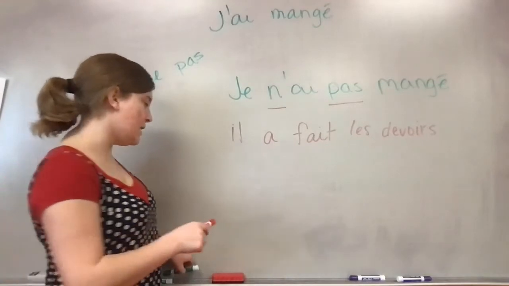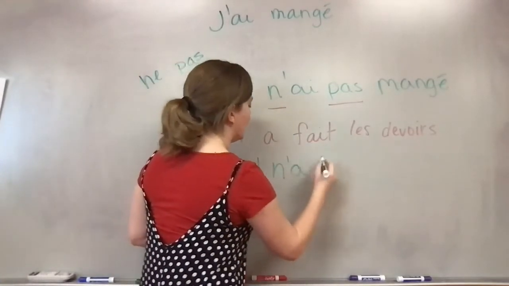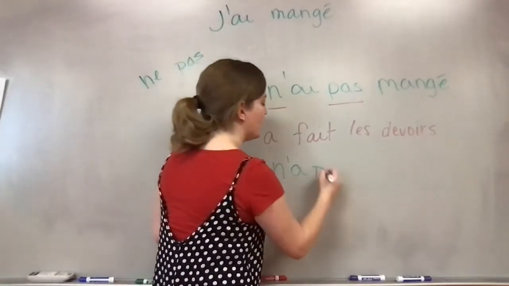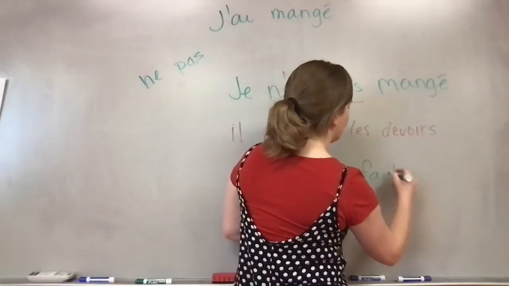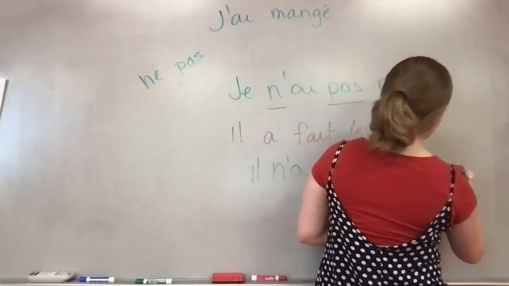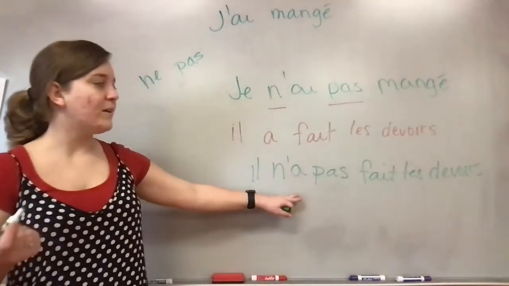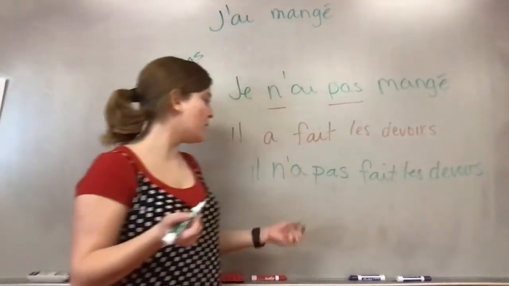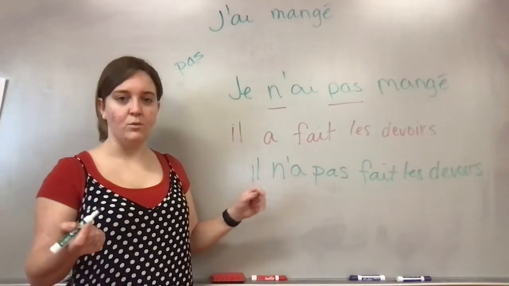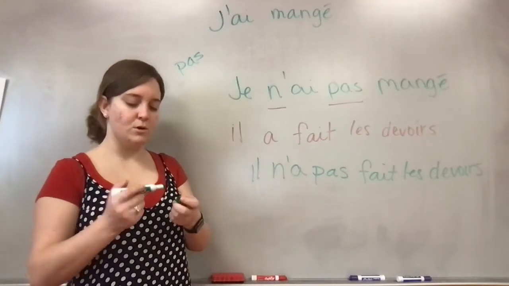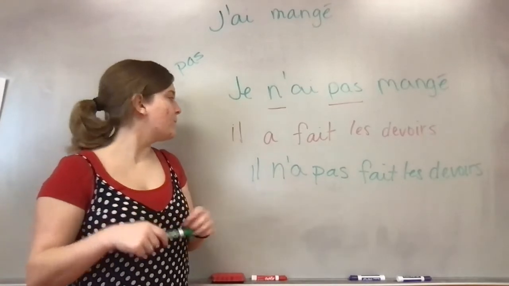So if we want to make this negative, we take our ne, goes before avoir, our pas goes after avoir. Il n'a pas fait les devoirs. And of course, remember, avoir starts with a vowel, so sometimes you're going to have this N apostrophe rather than the ne, because remember the ne is just before consonants. So any letter except a vowel.